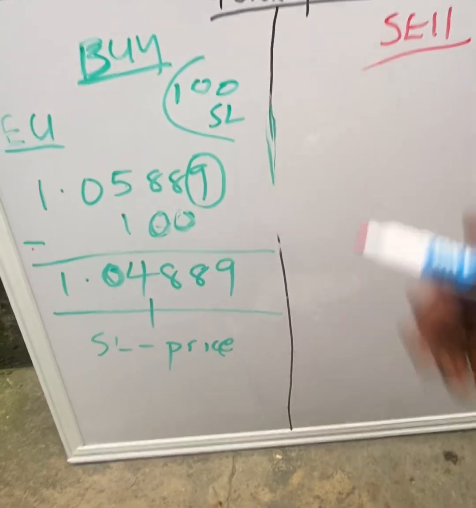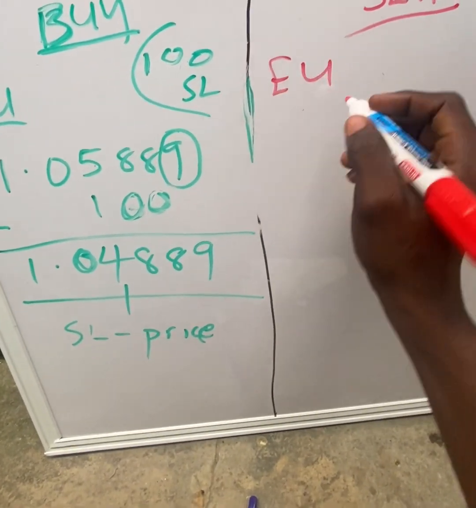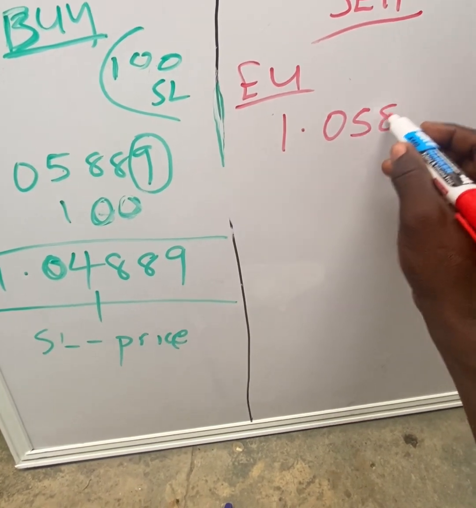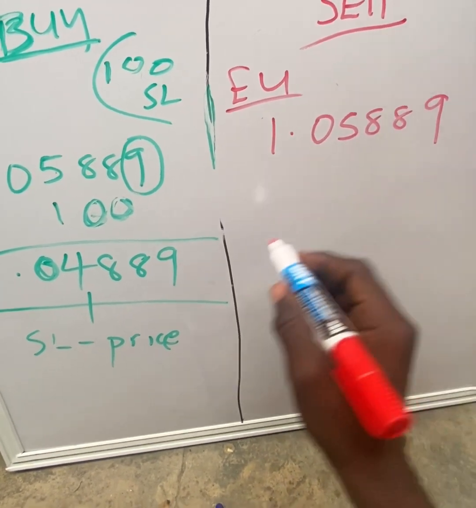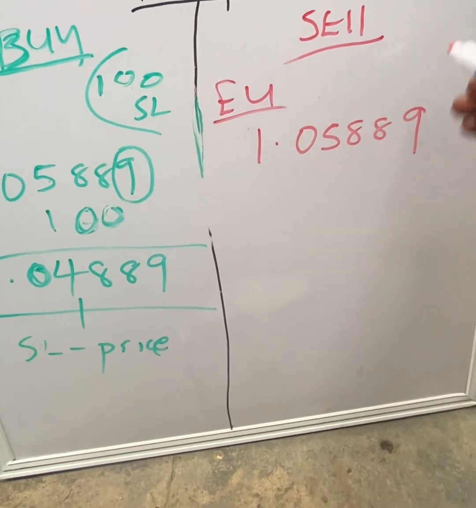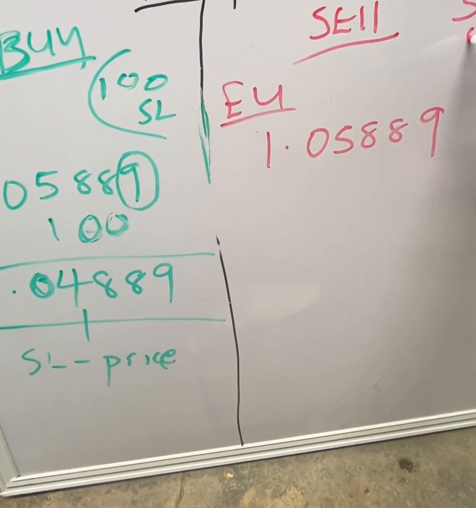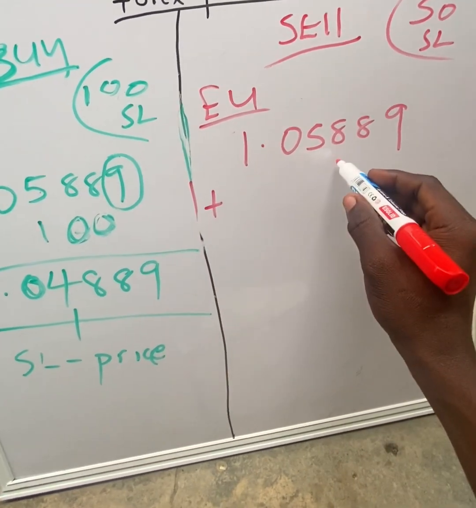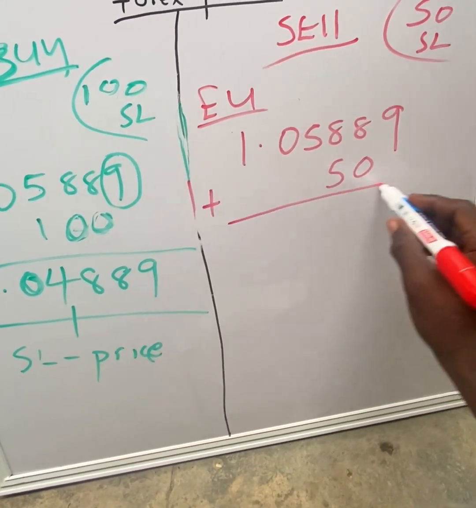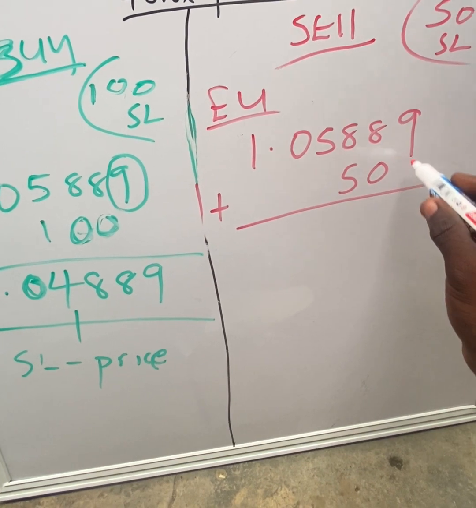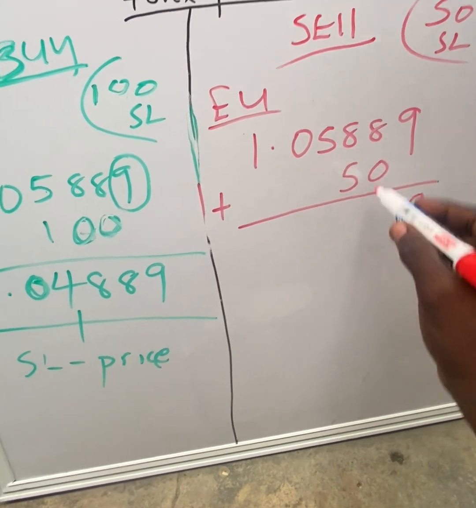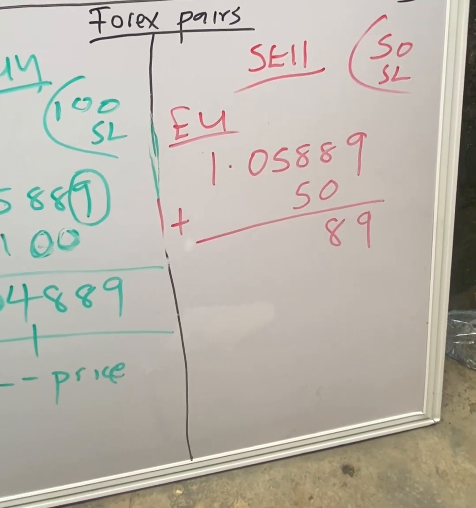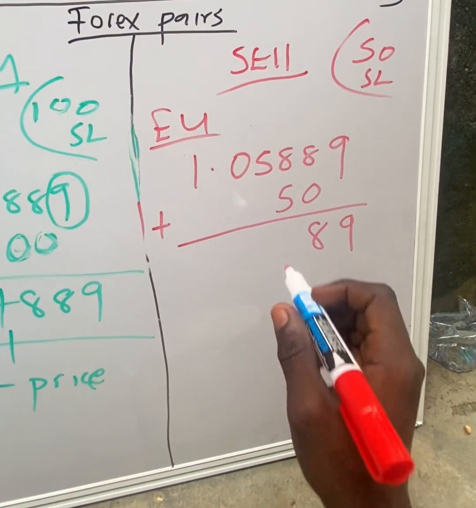Okay, so the Euro USD, EU. Assume the current market price is 1.05889. We are given 50 pips stop loss. All we have to do is add 50 pips to the current market price. Here we have 9 plus 0, we have our 9. 8 plus 0, we have 8. 8 plus 5, this is where you have to pay attention. 8 plus 5 is 13.